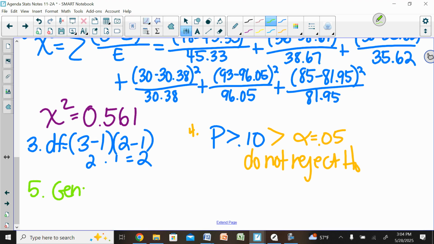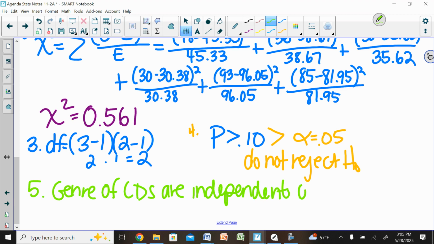So step 5, genre of CDs are independent of the year sold.